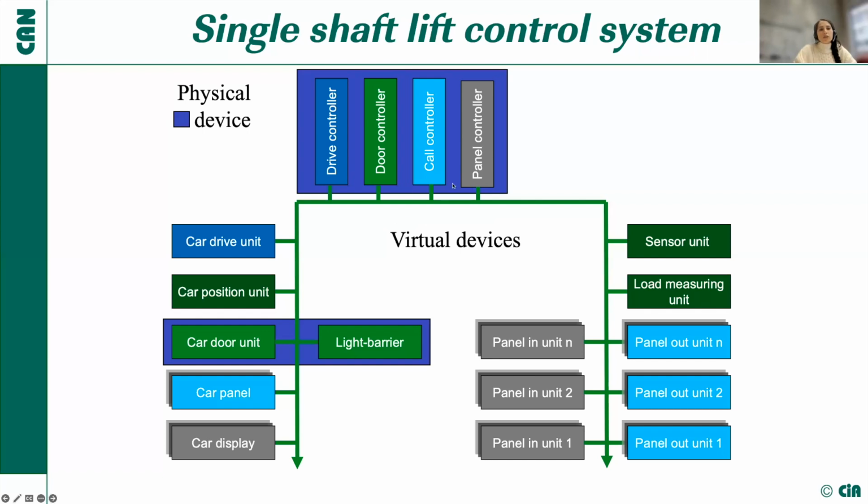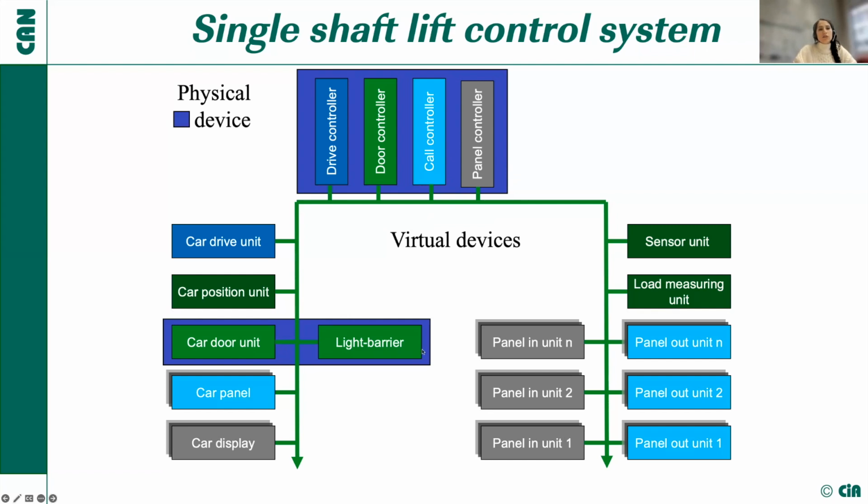For example, here when we consider the devices as panel controllers or door controllers, and also, for example, here you can see a car door unit needs a light barrier.